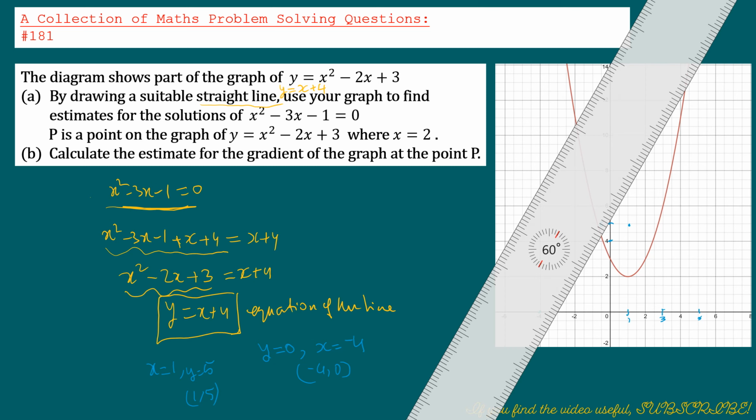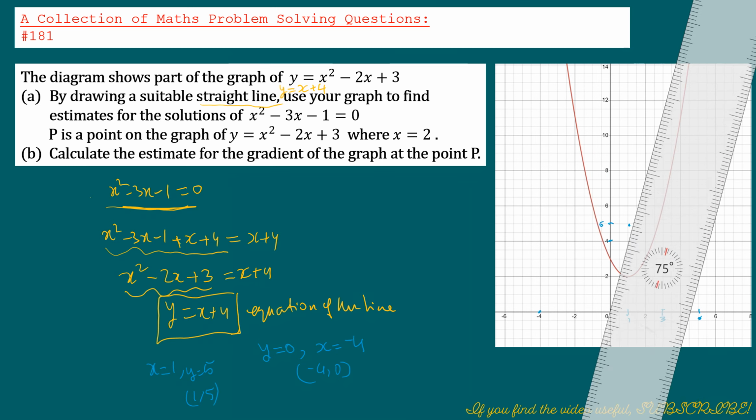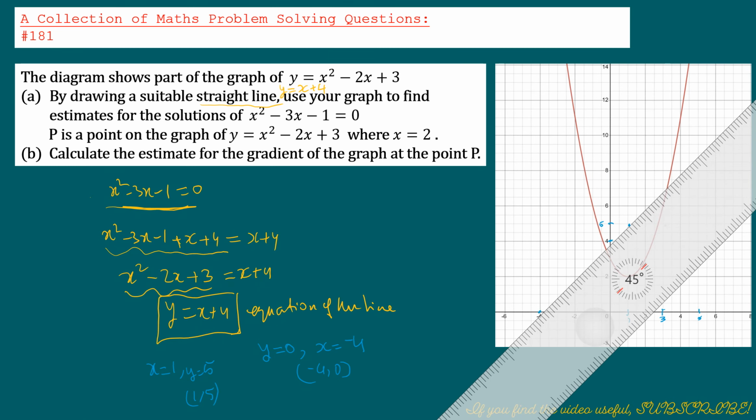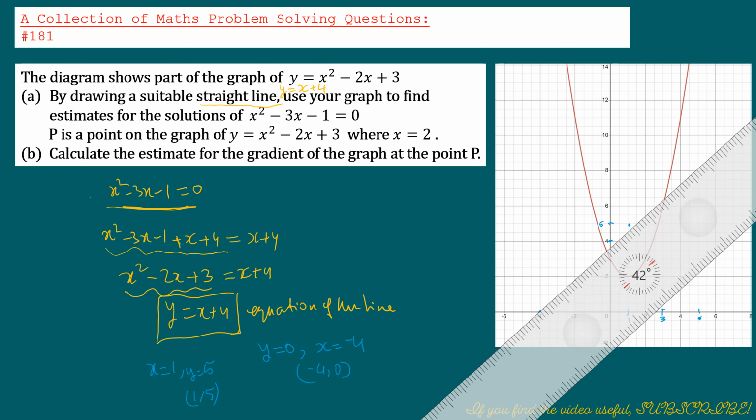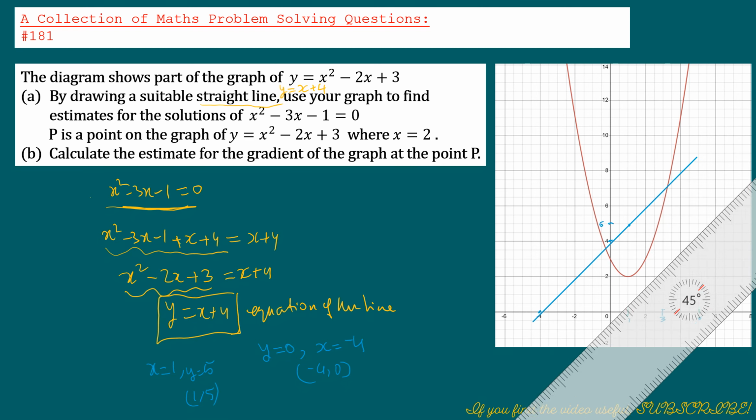So I bring in the ruler. That's 1, 5 here. So then the line would be somewhat like this. So that would be the line.